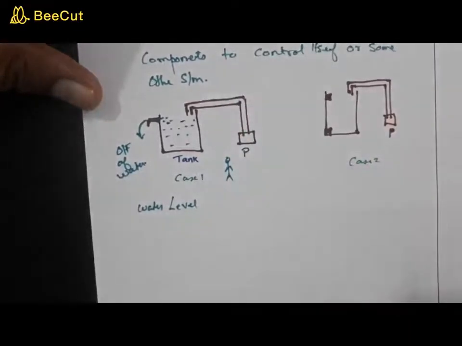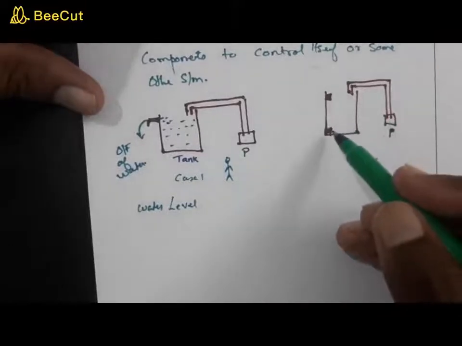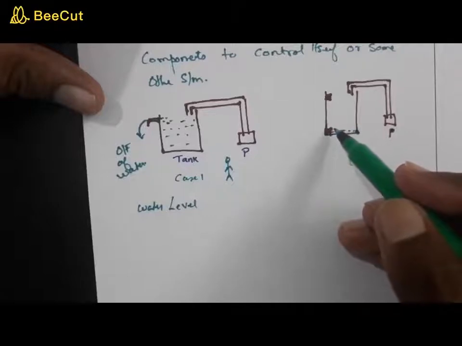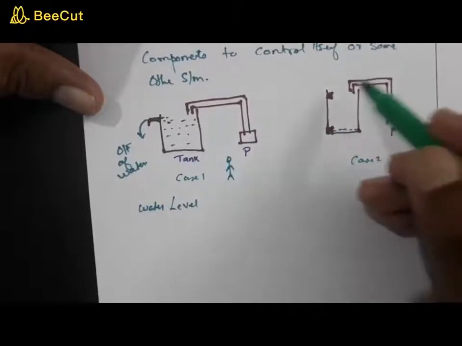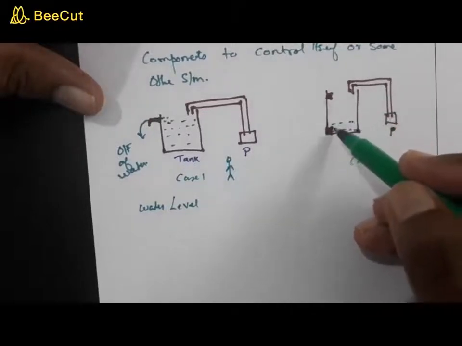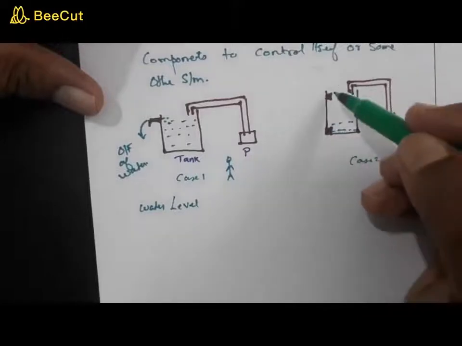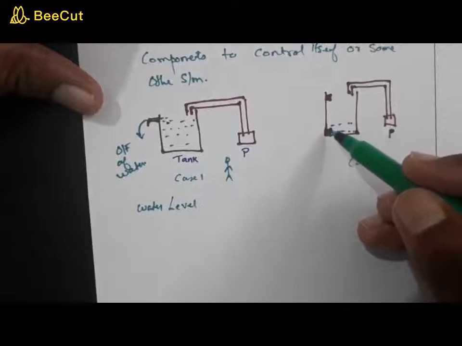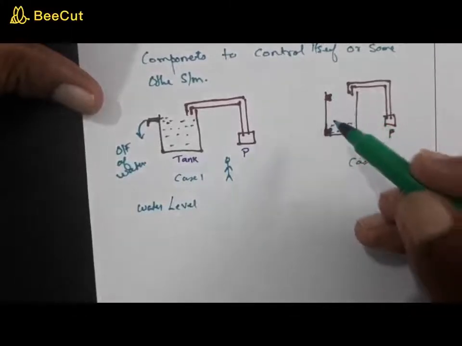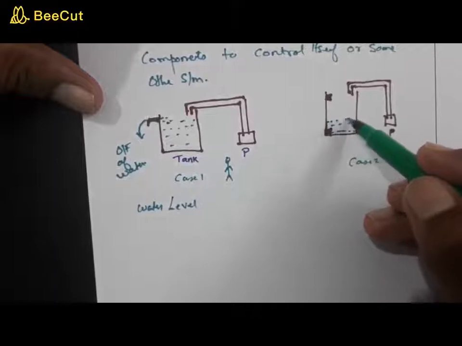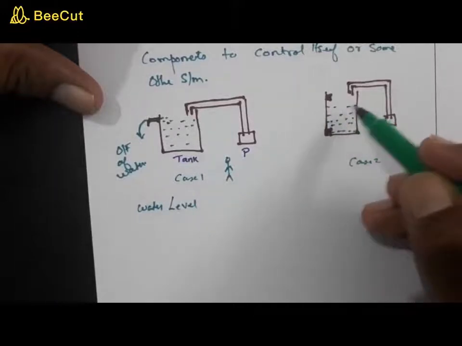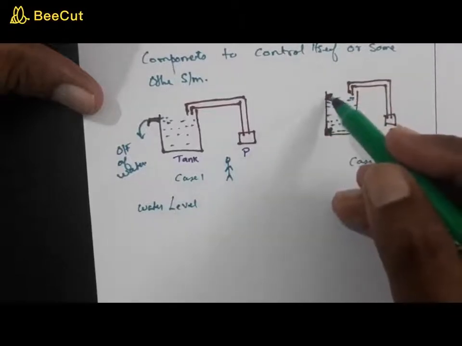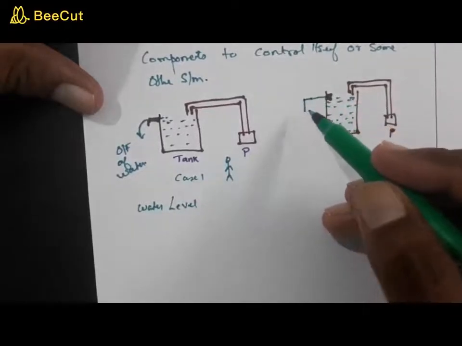Now in the second case, here also you have the water at the bottom. As the pump is switched on, this water rises, and assume that you have two sensors kept, one at the bottom, the other at the top of the tank. Now it rises, and once it touches this sensor, the sensor will produce an output voltage.